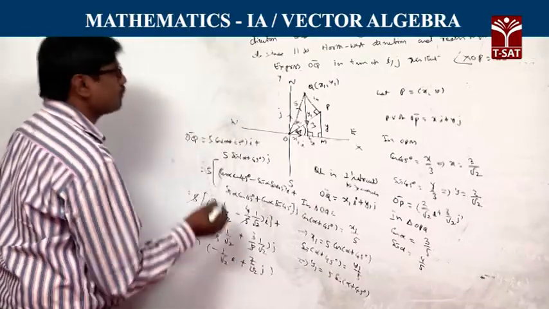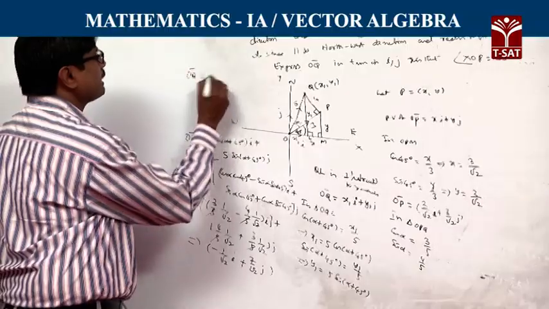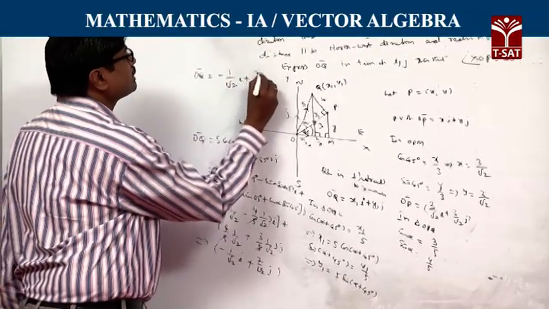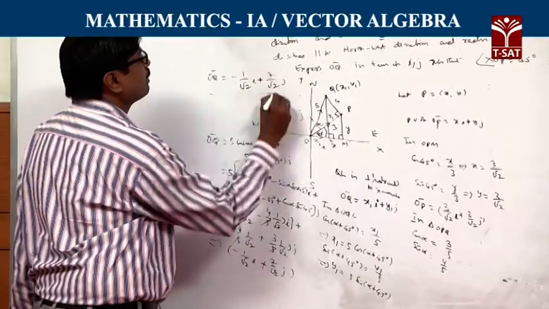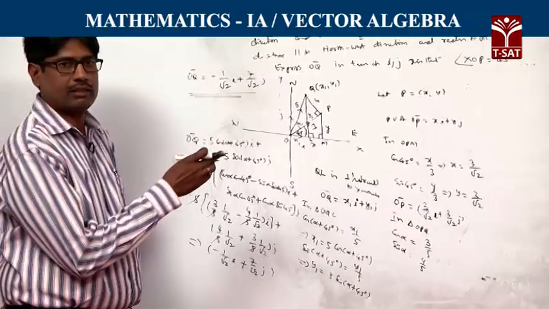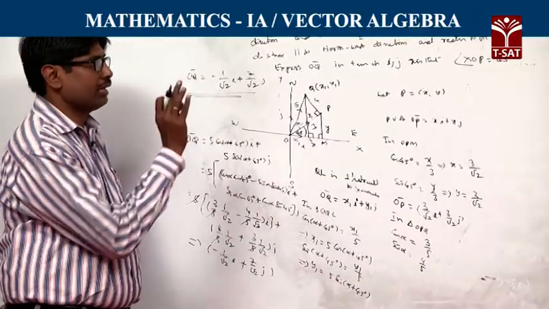So we have expressed OQ bar as minus 1 by root 2 times i bar plus 7 by root 2 times j bar, with the help of the geometrical concept, calculating the position vector of OQ bar in the coordinate system.